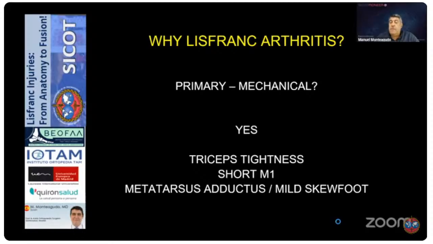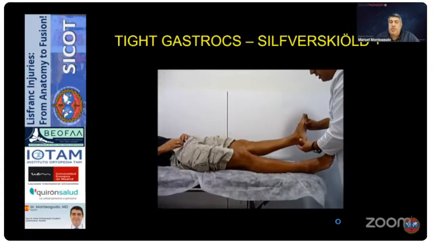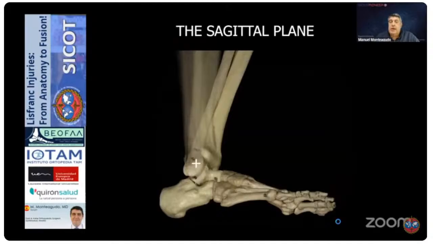Most of our patients have a combination of triceps tightness and a short metatarsal or a metatarsus adductus that will compromise the dorsal Lisfranc joint in the central area. You can check tight gastrocnemius by the Silfverskiöld test in the sagittal plane.